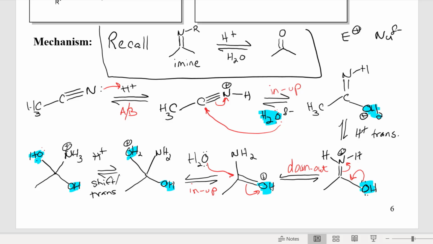Could we have made the nitrogen stay on and driven the water off? Of course, right? But we're assuming Le Chatelier's principle is driving us in the other direction. We drove the water on.